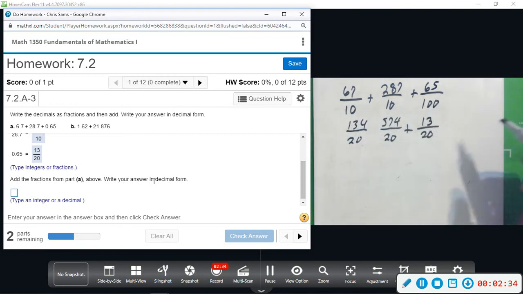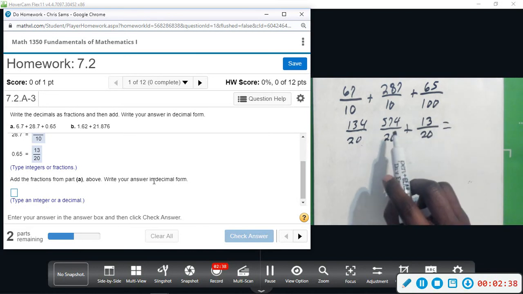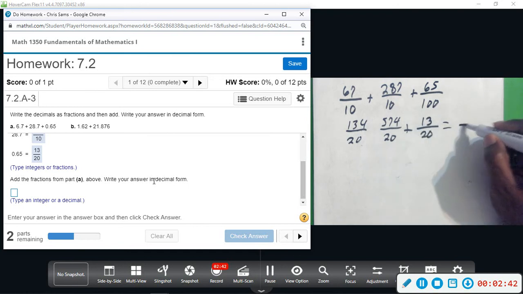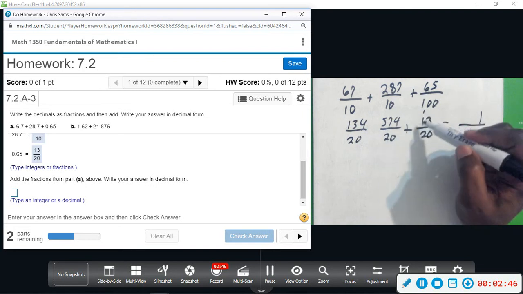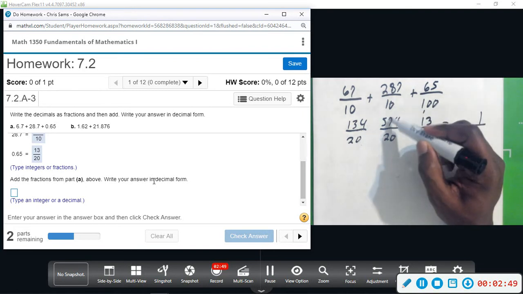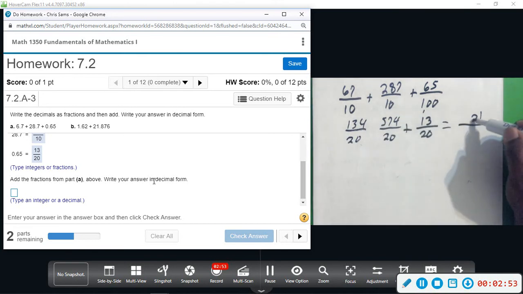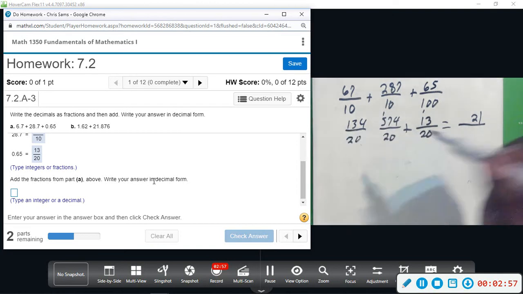Alright, now we can just add all of these across. So 4 and 4 is 8, 9, 10, 11. So we'll have a 1, and we carry a 1 to the 10. Adding 1, 2, 9, and 3 is 12. So carry a 2, carry a 1 over. And then we have 5, 6, 7.